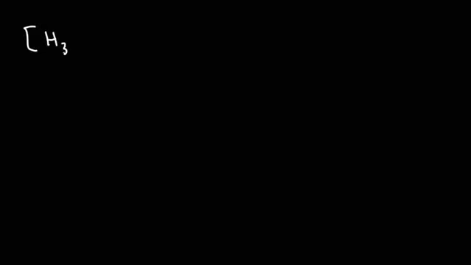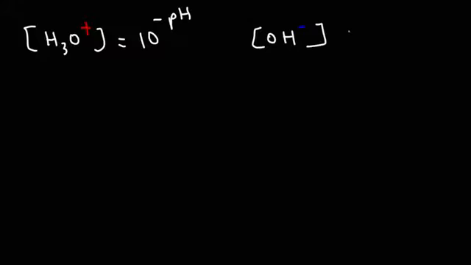Now, sometimes you may need to calculate the H3O plus concentration from pH, and this formula will help you to do that. It's equal to 10 raised to the negative pH. Now, if you need to calculate the hydroxide ion concentration, it's 10 raised to the negative pOH.